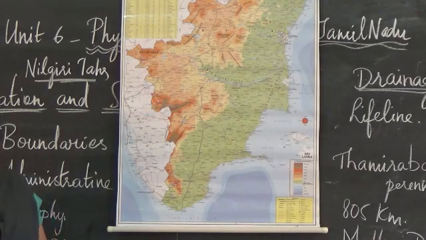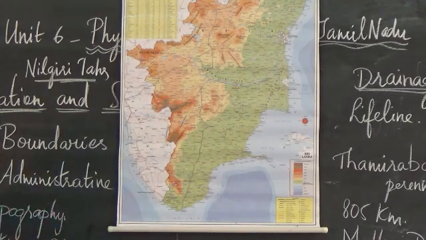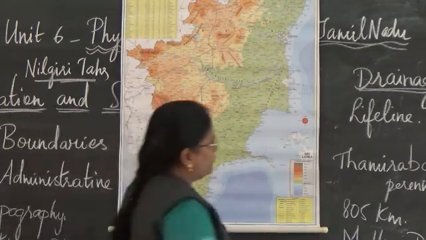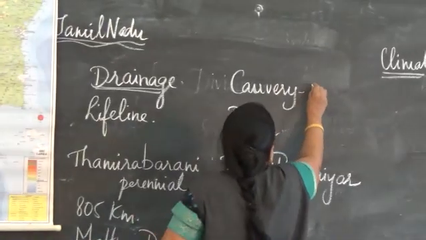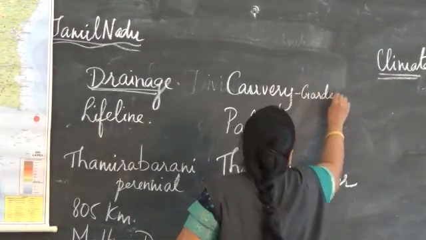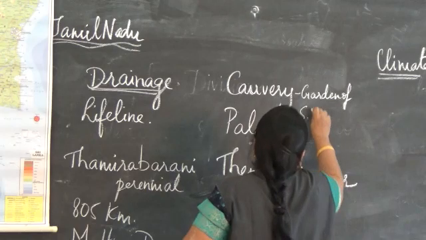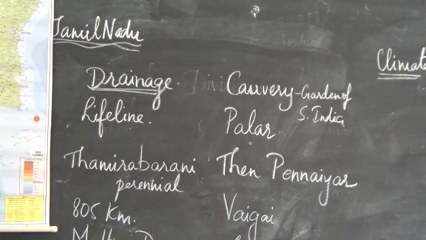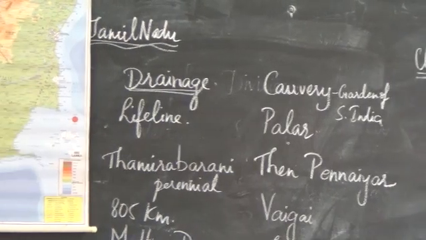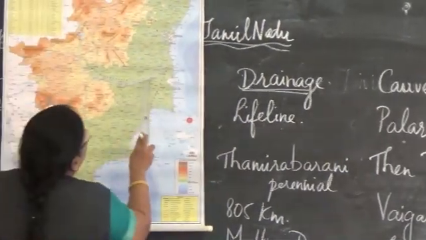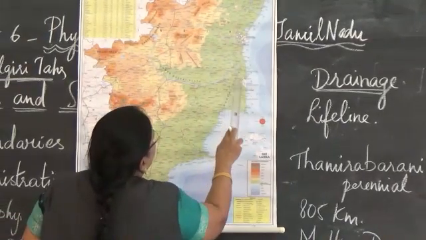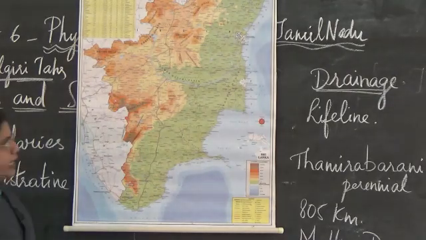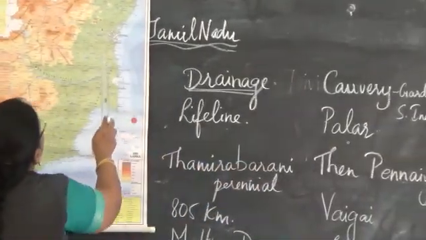The network of distributaries within the delta of the Kaveri on the coast is called the Garden of Southern India. It merges into the Bay of Bengal to the south of Cuddalore. Next, we have the river Palar.